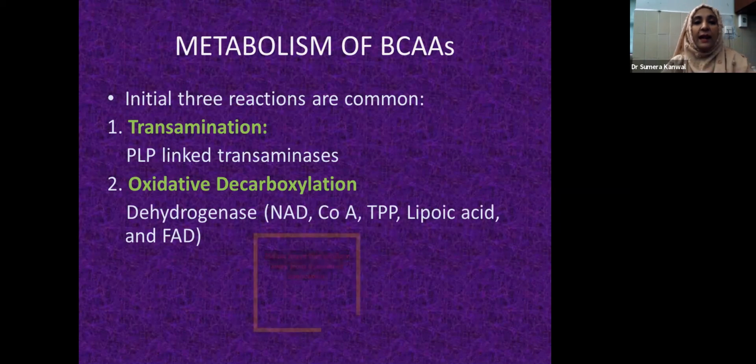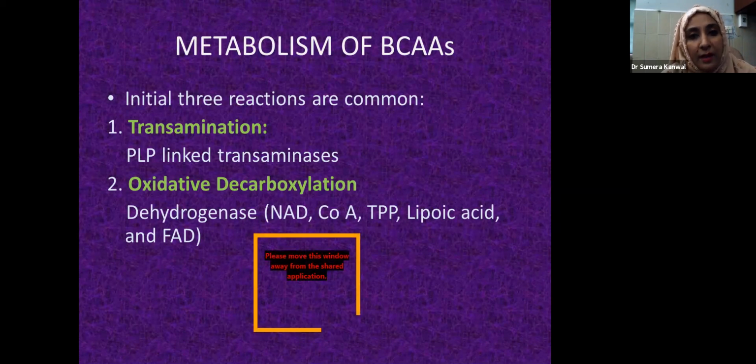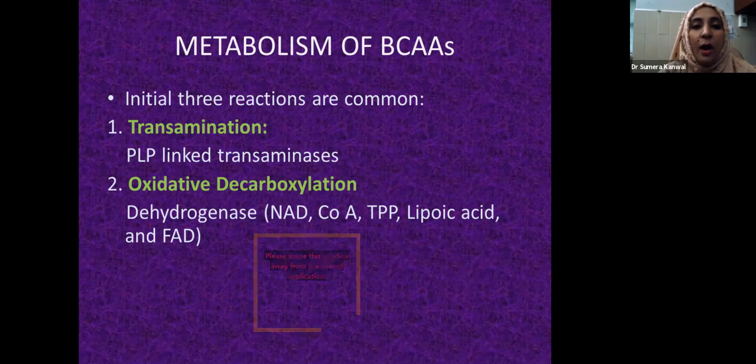These dehydrogenase enzymes require their prosthetic groups: NAD, coenzyme A, TPP (thiamine pyrophosphate), lipoic acid, and FAD. These are all vitamin B complex derivatives.